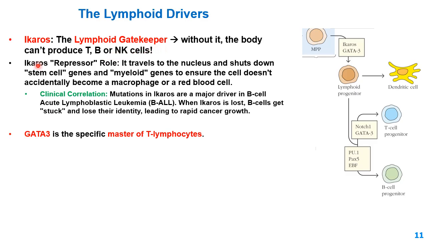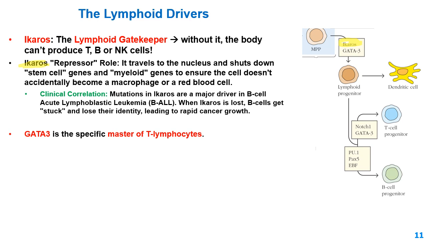Right? Now, once you start expressing Ikaros, the transcription factor, Ikaros is very important for suppressing any idea of becoming a myeloid cell. All right, so once Ikaros is there, then this cell is committed to becoming a lymphocyte of some kind.